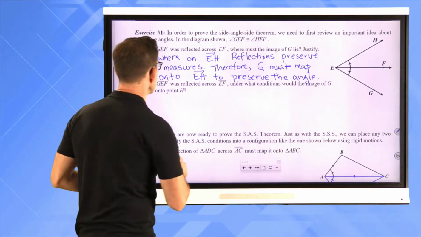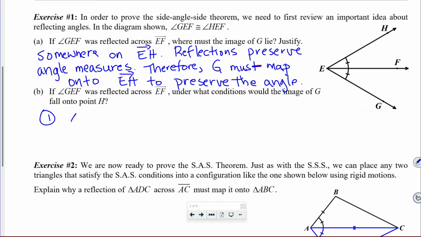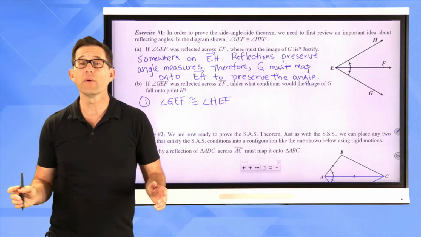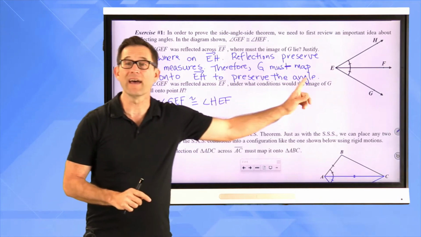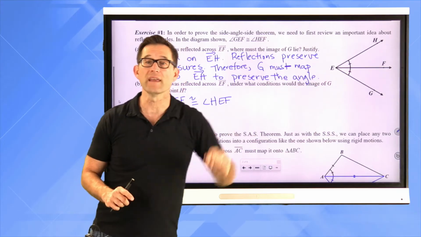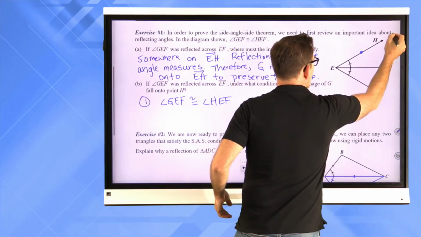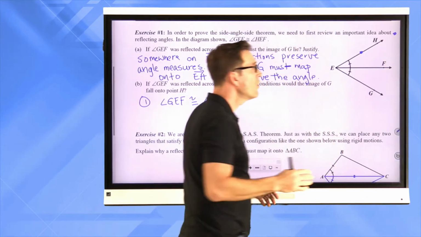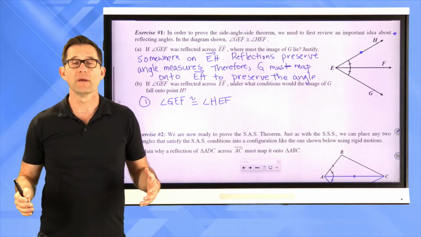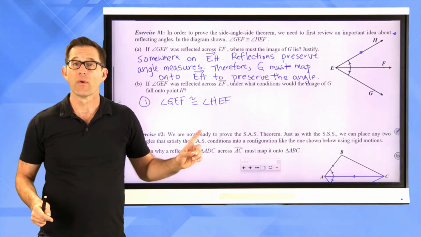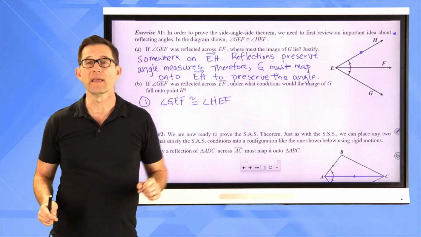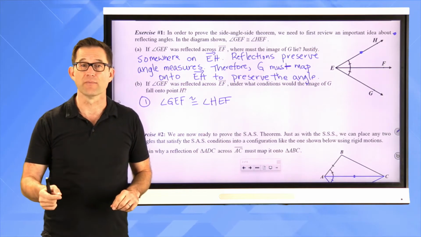One thing would be that angle GEF must be congruent to angle HEF. But from letter A, we know that all that does is simply get G to land somewhere on EH. It might land here, it might land here. We don't know where G prime is going to end up. All we know is that it's got to land somewhere on EH in order to preserve the angle measurement.